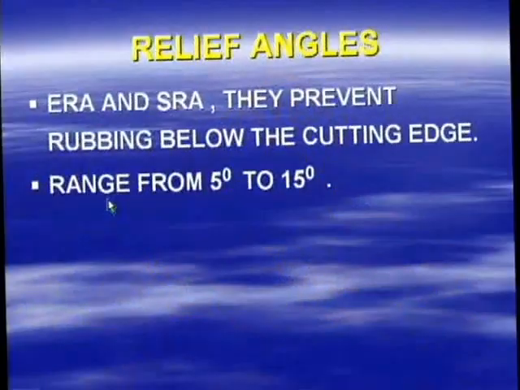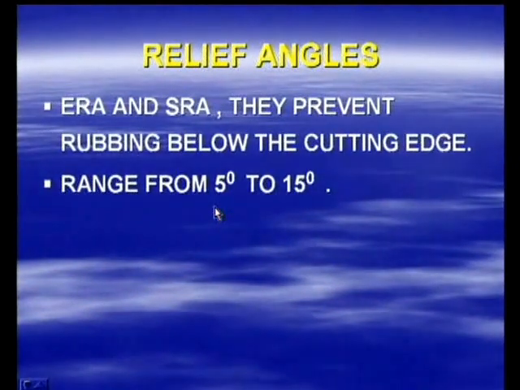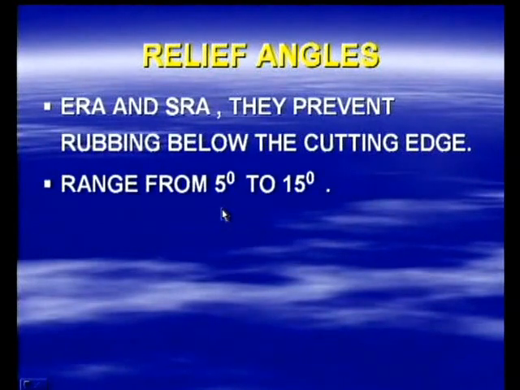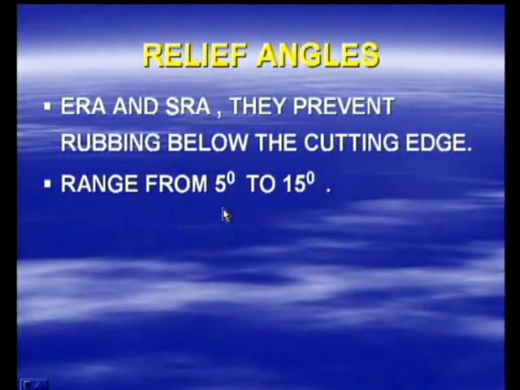And the range, how these ERA and SRA are varying, what is the angle that is to be given. This is ranging from 5 degrees to 15 degrees from one tool to another. So a minimum of 5 degrees relief angle, either on the end cutting edge or the side cutting edge, is provided, and a maximum of 15 degrees.